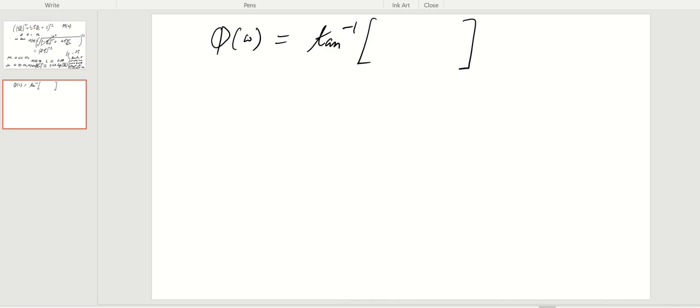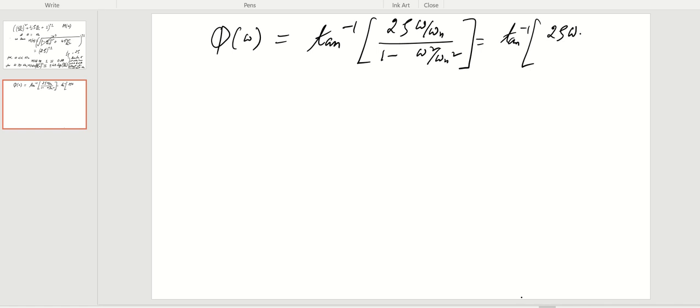So it is tan inverse of 2 zeta omega over omega n upon 1 minus omega square by omega n square, which, multiplying above and below by omega n square, is tan inverse of 2 zeta omega omega n upon omega n square minus omega square.